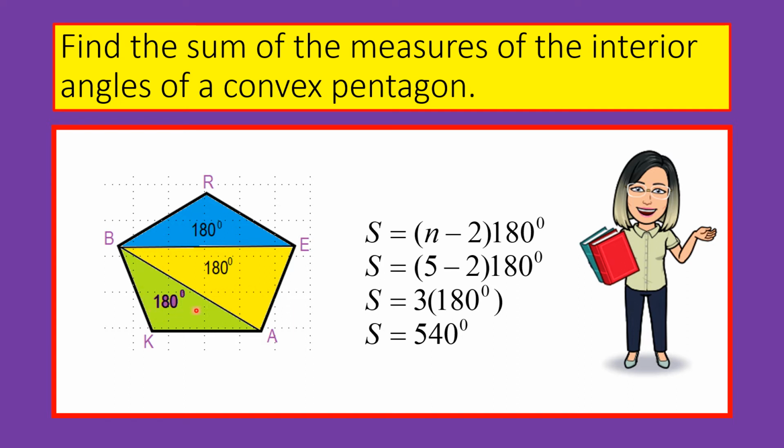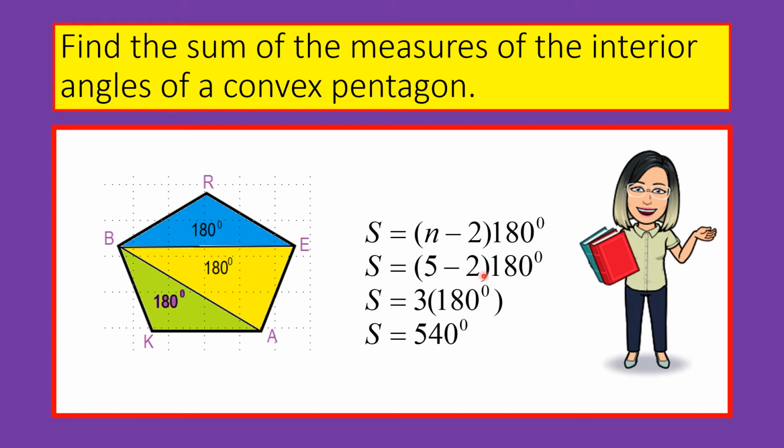So we know already the answer, but now we'll be using a formula. The formula is S equals n minus 2 times 180 degrees. What is n? N is the number of sides. How many sides are there? We have 5 sides.